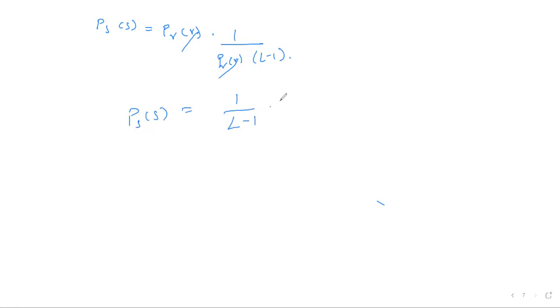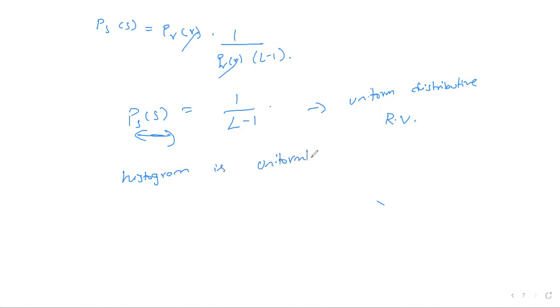If you observe this, it looks like a uniform distribution function, right? Random variable, right? So the output image is uniformly distributed, meaning the histogram is uniformly equalized, so we can say that the given function is histogram equalized.